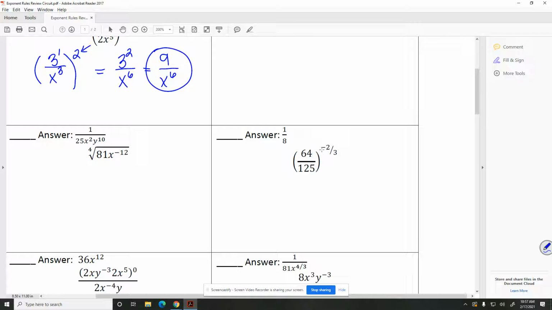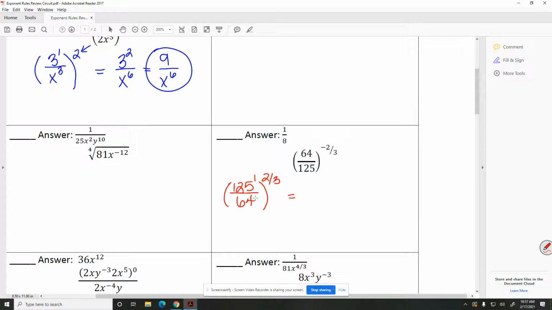So what I would do here is I would start by applying the negative exponent only. And so what happens is if you have a negative exponent, but you already have a fraction, basically that negative exponent is going to make the entire fraction flip upside down. So once you flip the fraction, you can take the negative out because you've already applied that part.